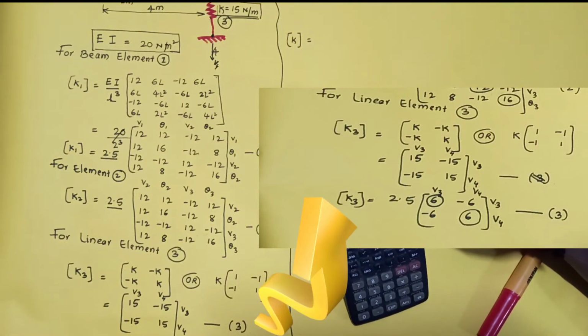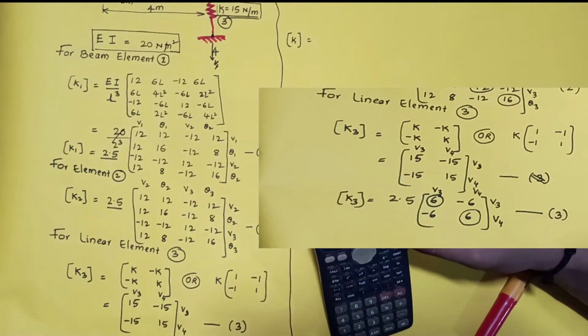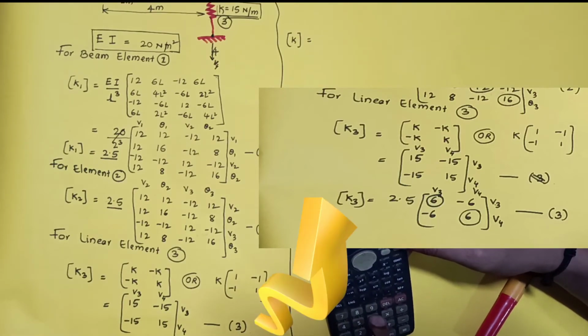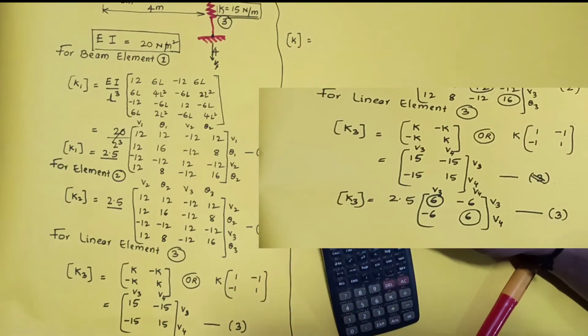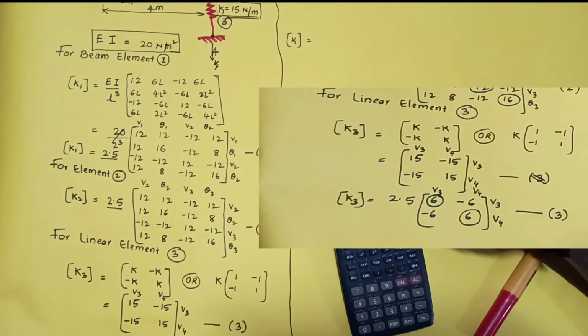So 2.5 into the matrix with 6, minus 6, minus 6, 6. Even if you take it inside the matrix, you will get 15.